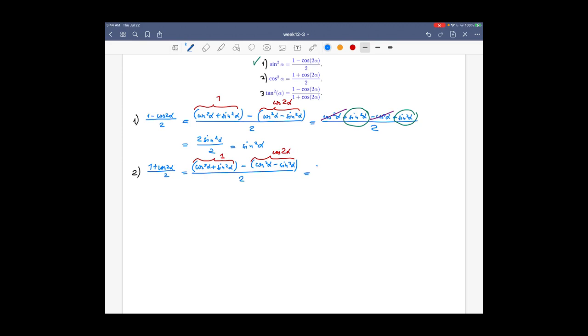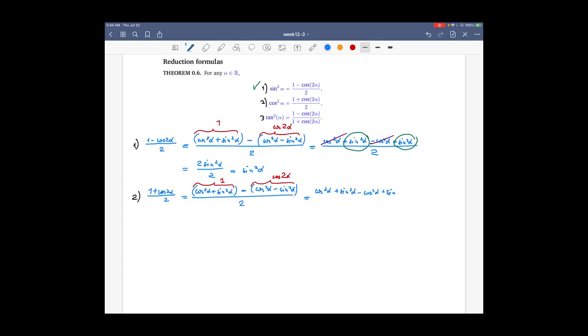Distributing the plus gives us cosine squared alpha plus sine squared alpha plus cosine squared alpha minus sine squared alpha. This should here be a plus, so we're distributing a plus. So this is a plus and this is a minus.